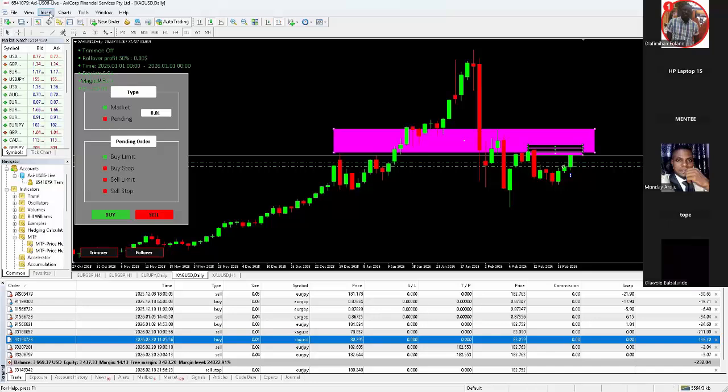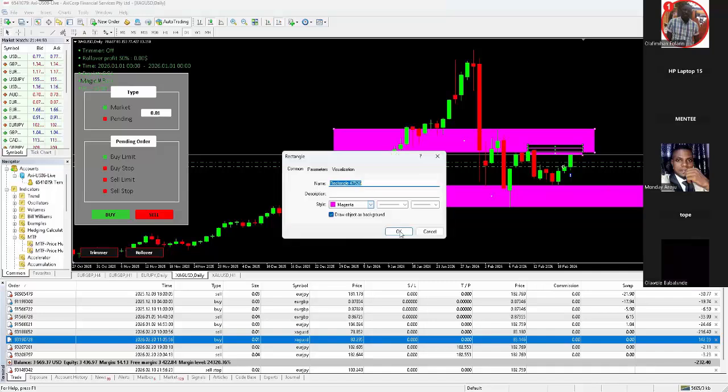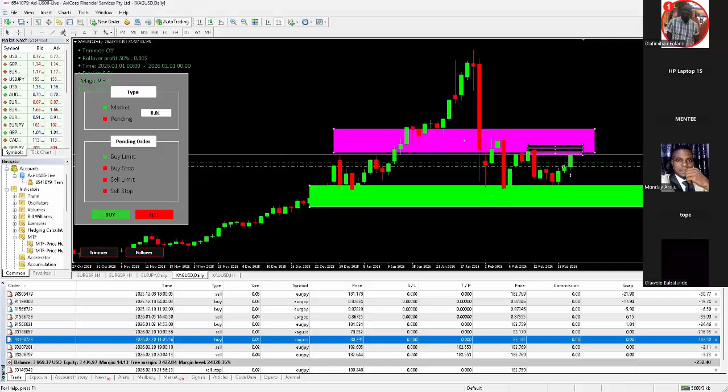And if you look at the demand zone, which is this, this is the demand zone on daily.